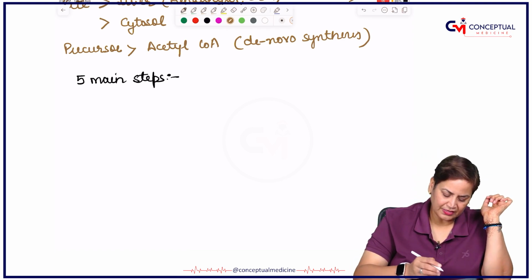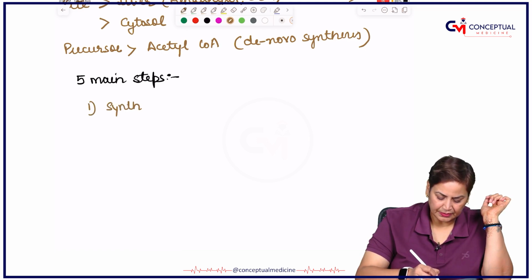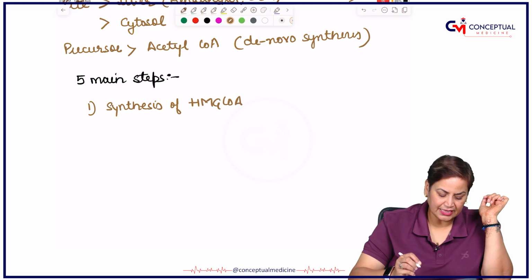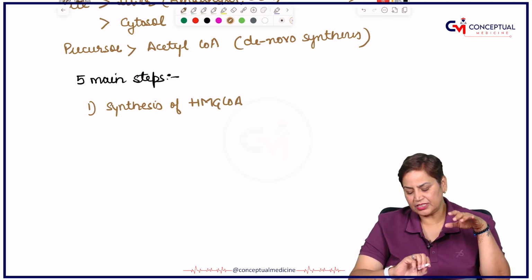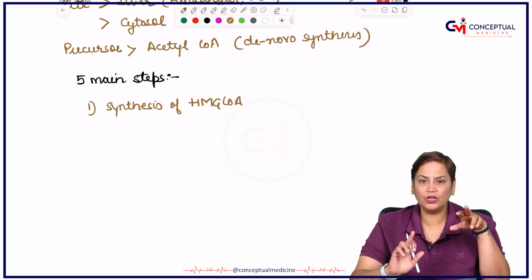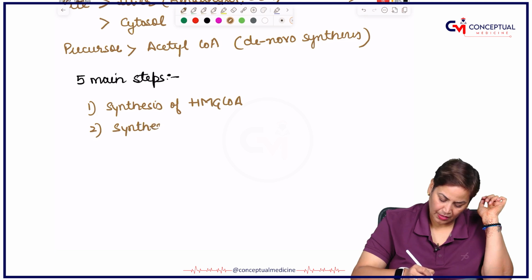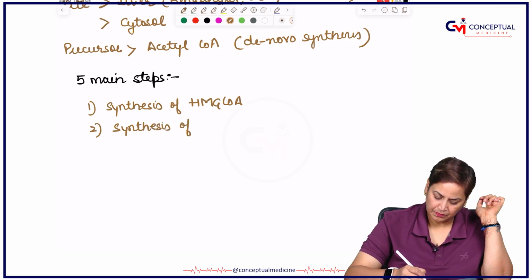The first step is synthesis of HMG-CoA. Now, what is this HMG-CoA? Beta-hydroxy-beta-methylglutaryl-CoA. Second is synthesis of mevalonate.